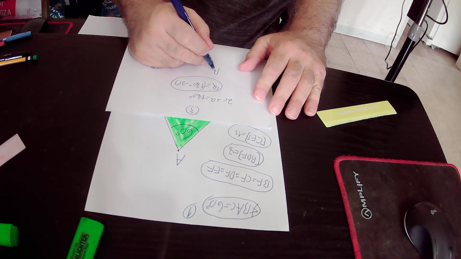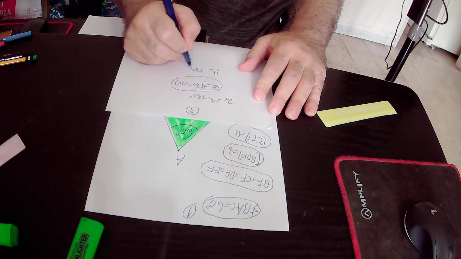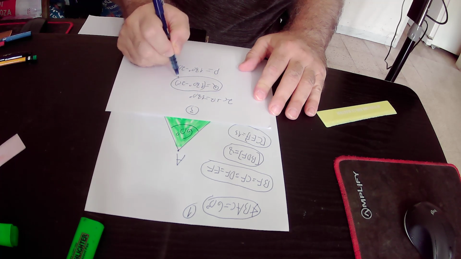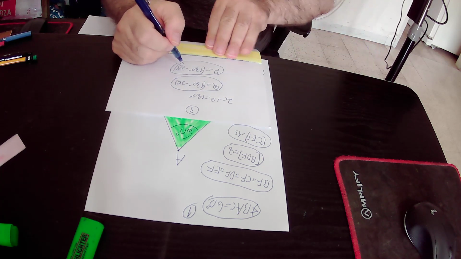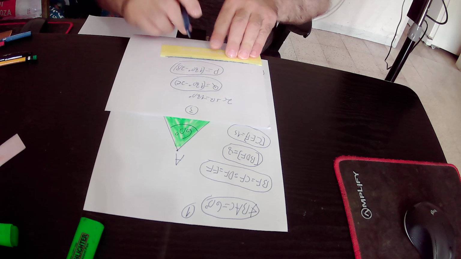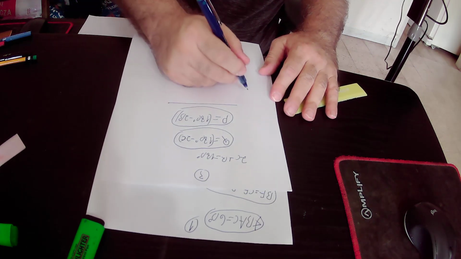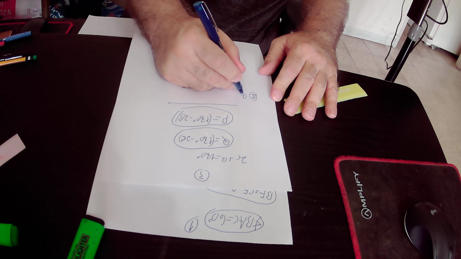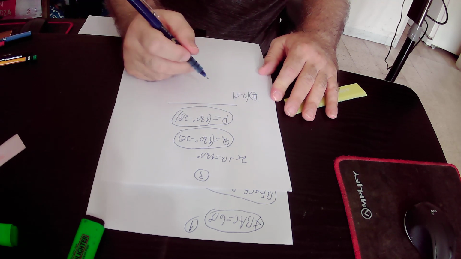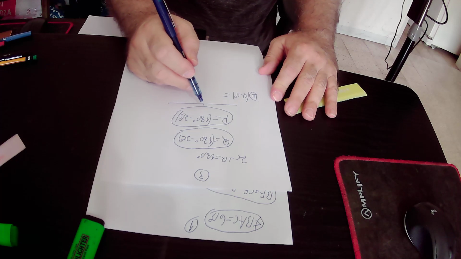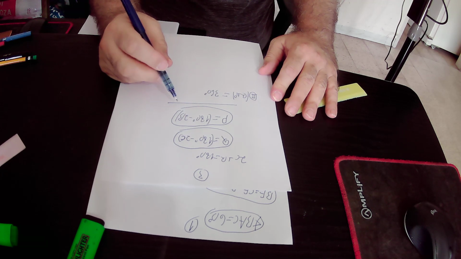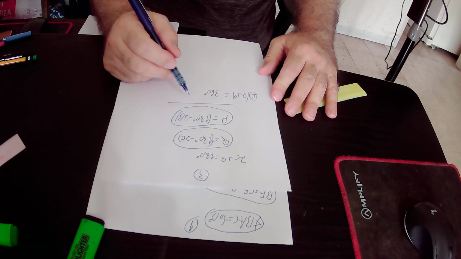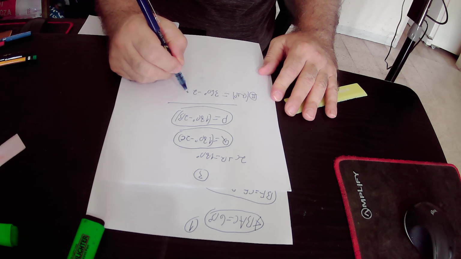We have already found out that P equals 180 degrees minus 2B. So here we will add Q to P. So Q plus P, that is equation number 2, will be equal to 180 degrees plus 180 degrees, which is 360 degrees, and minus 2C plus minus 2B, which is minus 2C minus 2B.